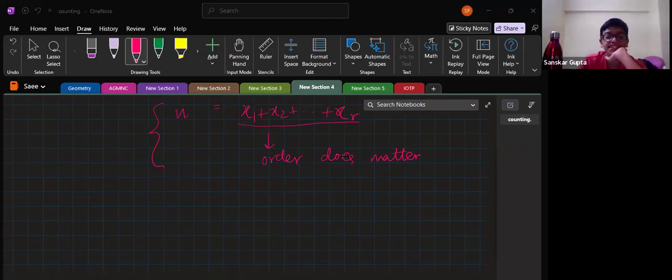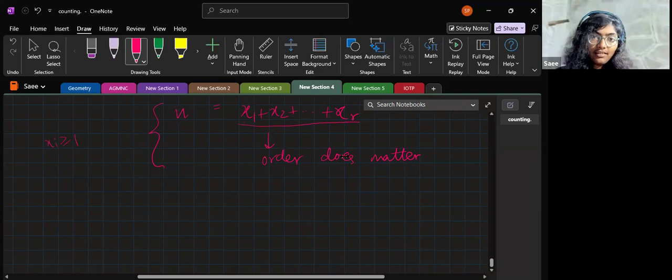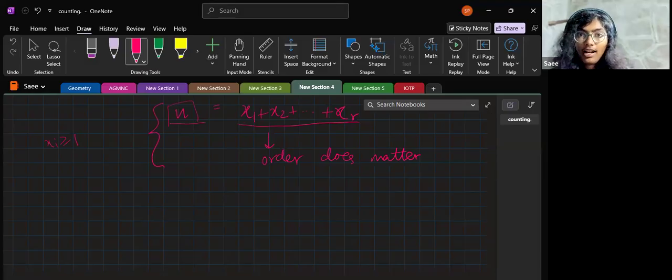Someone is asking, can xi be 0? No, we are assuming xi is greater than or equal to 1. And the question is, how many ways are there to write n as a sum of r numbers, so that the order in which you write the r numbers matters, and the r numbers are positive, all at least 1.